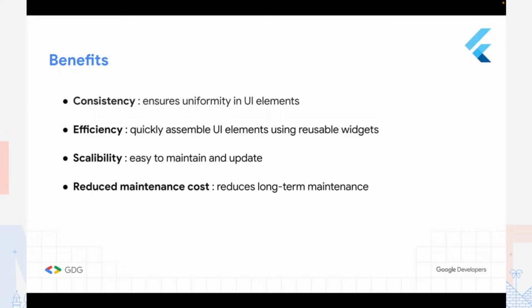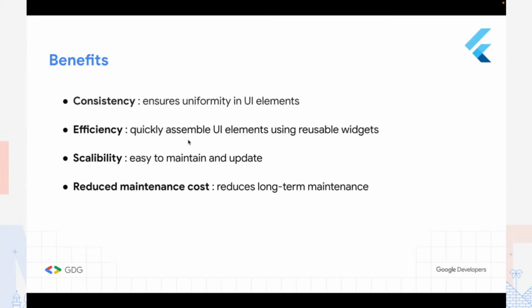And this is only for a color, but if it's an on tap functionality, then it's going to be an inconsistent UX also. So consistency will be maintained when we are using design systems, because you are going to change something in the extracted widget, and you don't even have to ensure the change is applied to all the reused widgets, because it will be automatically applied. So it ensures uniformity in UI elements, because you are not controlling whether the change will be applied to the reused widgets or not. It is automatically going to be applied.